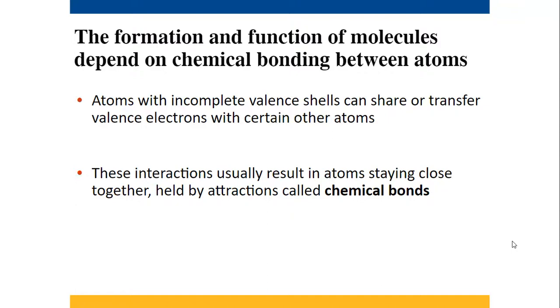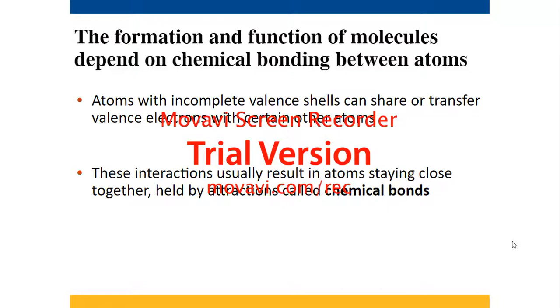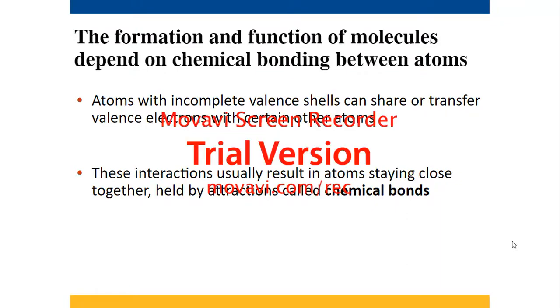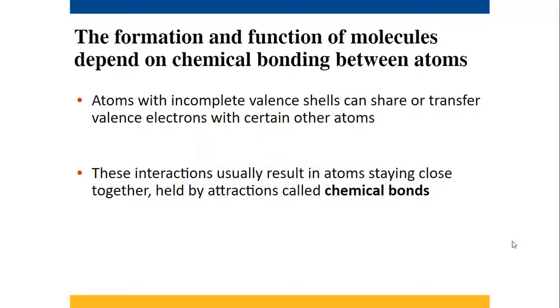When atoms have incomplete valence electrons, and remember the valence electrons are the outer shell electrons, that incomplete outer shell is what drives chemical reactions, because the electrons are trying to reach the most stable form. A lot of times that's going to be by transferring electrons or sharing electrons. They can reach the most stable form by doing one of those two things.